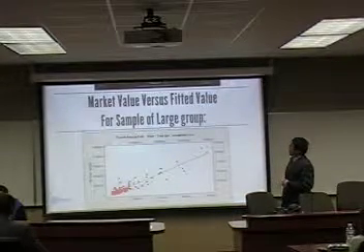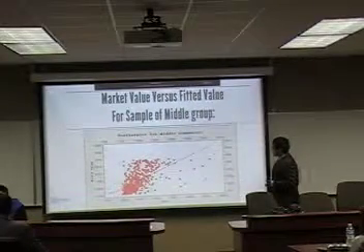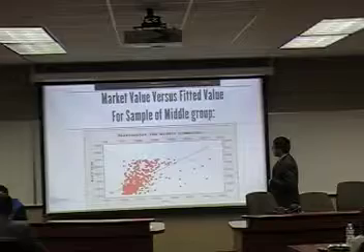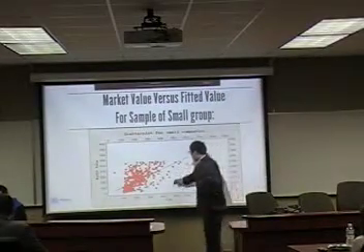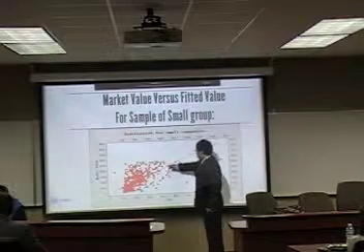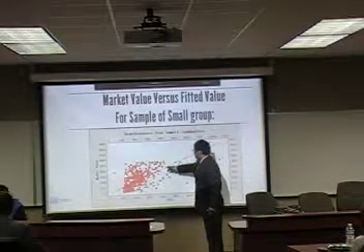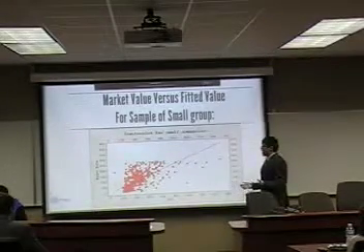However, for the small and middle company groups, the data is not well fitted to the line. If we plug in the accounting variables, the estimated data will be on the line, but the actual data is far from it. It means the result is inaccurate.